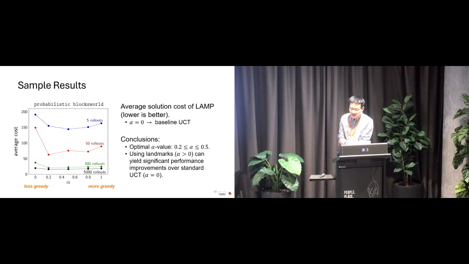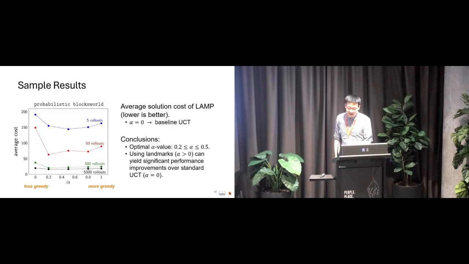And across a large class of these benchmark problems, we found that using landmarks consistently yields solutions better than standard UCT. And the optimal alpha value is usually somewhere between 0 and 1. There's some sweet spot in the middle. It actually varies across problems, so the optimal alpha value is problem dependent and domain dependent.